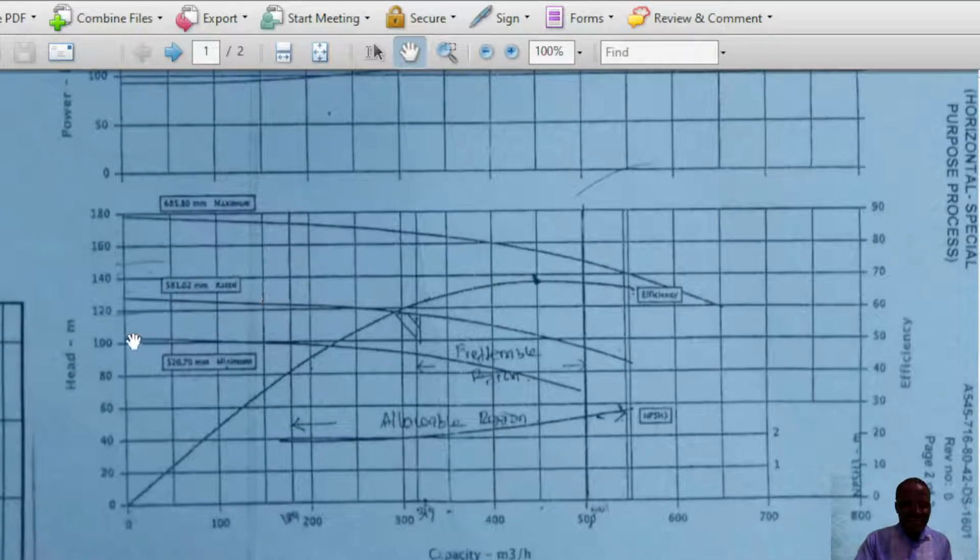On the other hand, you have the head at rated impeller diameter. It is going to be here, so you look at the pump curve for the rated impeller diameter. In between here you have about 4, so here is 120, then 124, 128. So you have the head at rated impeller diameter to be somewhere around 128 meter.